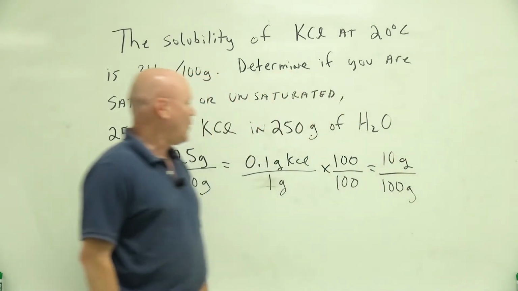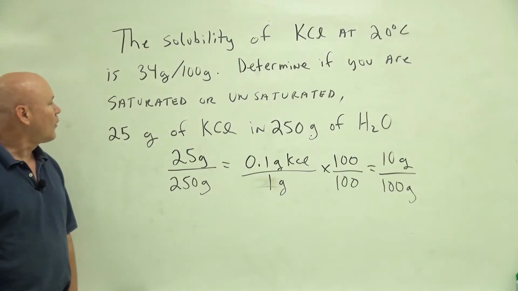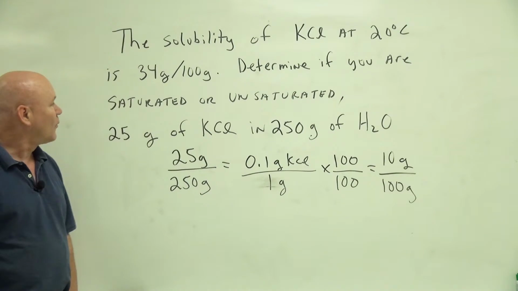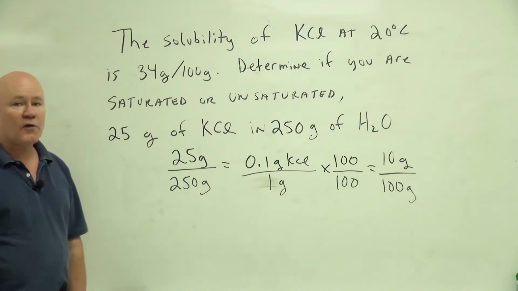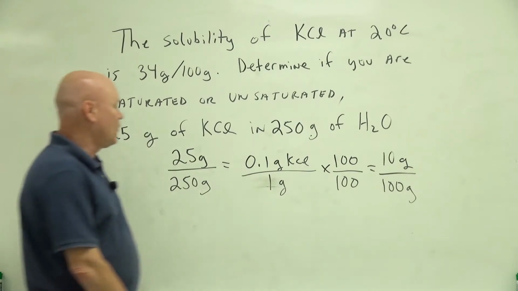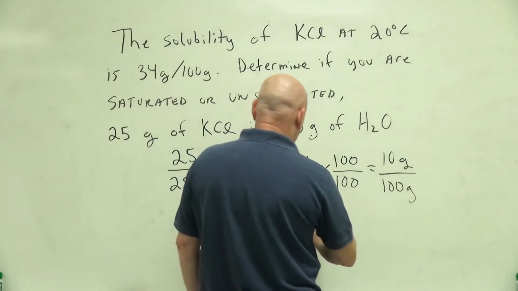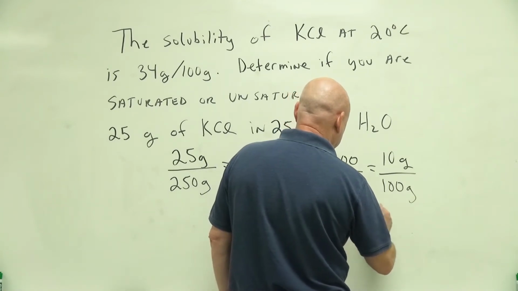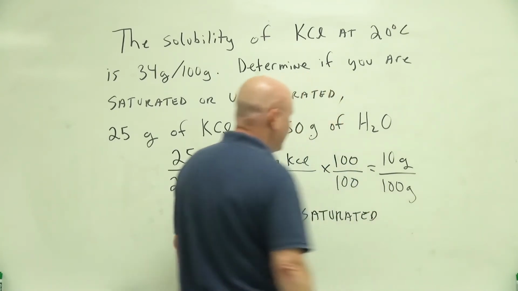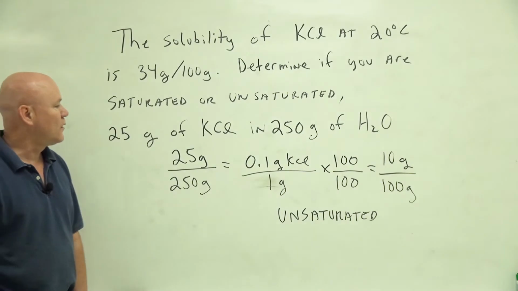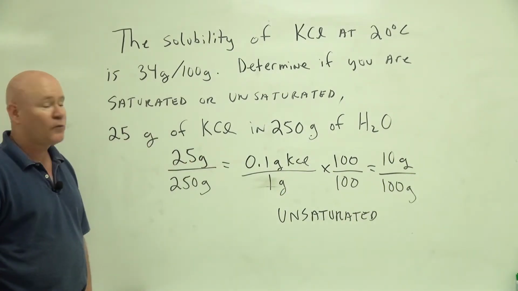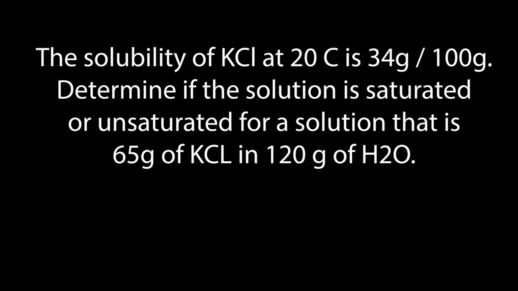And now we have something that we can compare to the 34 grams per 100 grams. 10 grams is still less than 34 grams per 100, so this is unsaturated. In fact, we have room for 24 more grams.